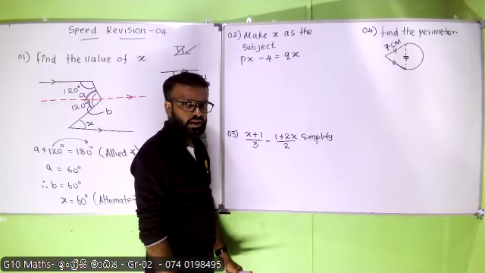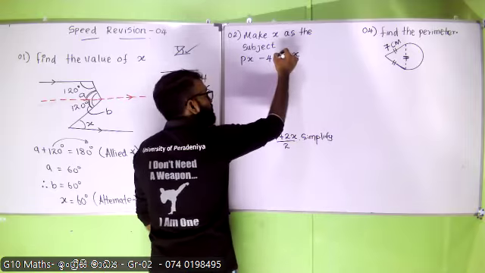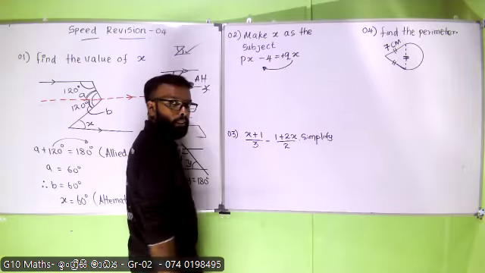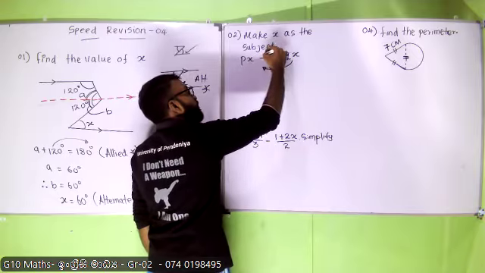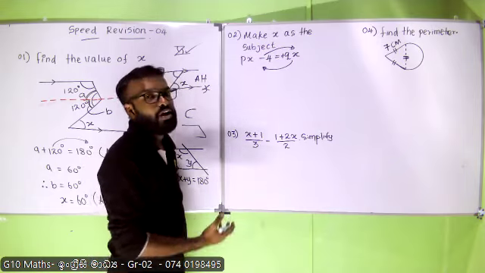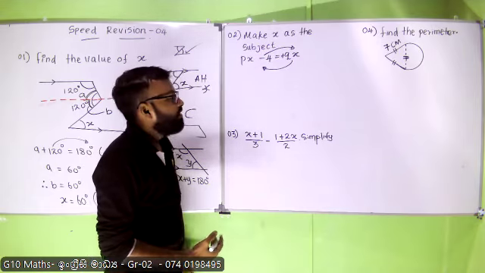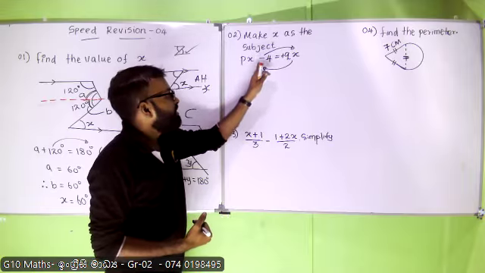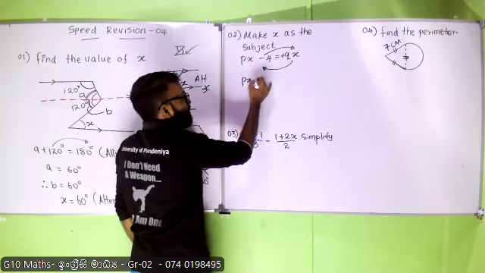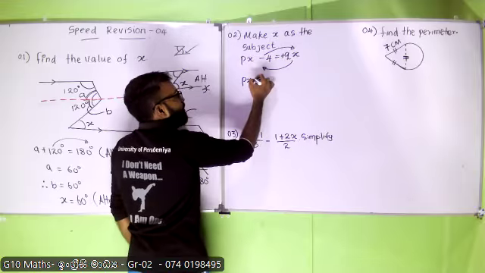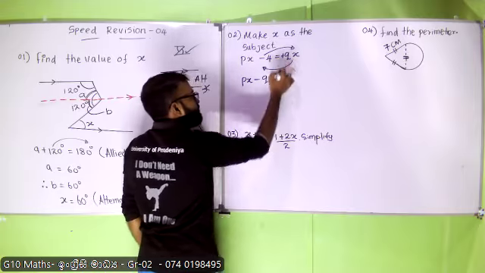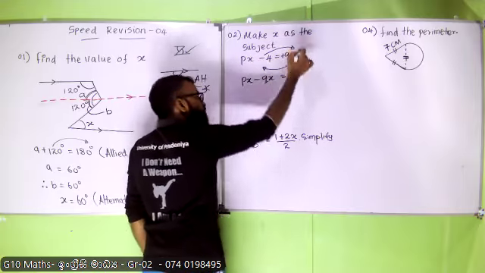Now we are in grade 10. This is positive Qx. Take it to this side. This is minus 4. Take it to this side. By using one step you can do it. Change the sign and take it. So I can write Px minus Qx equals positive 4.